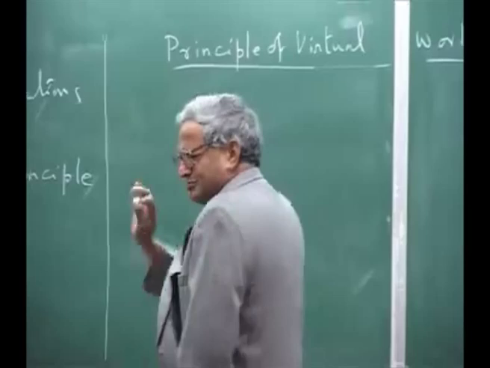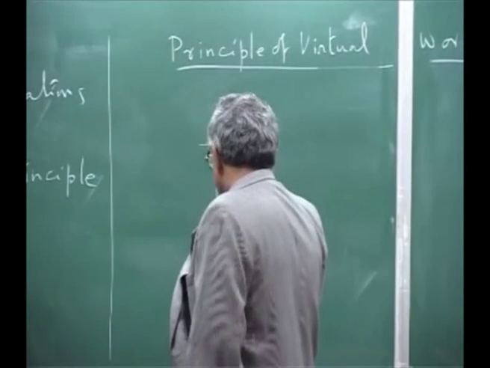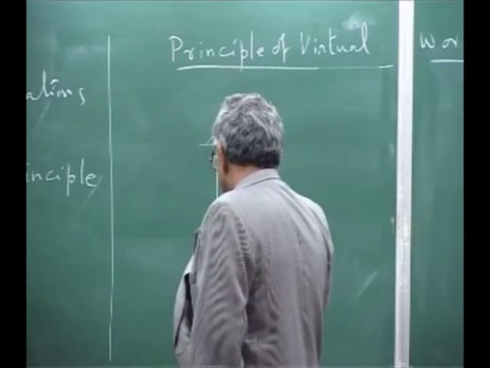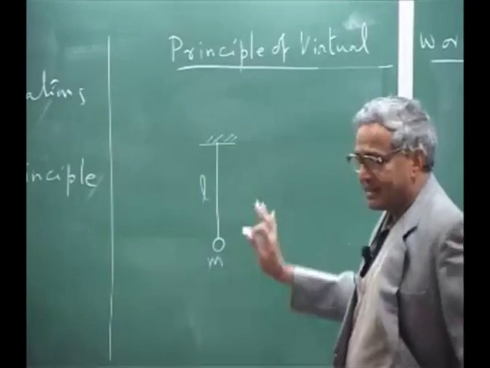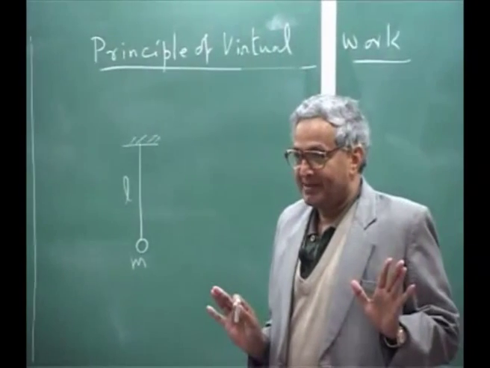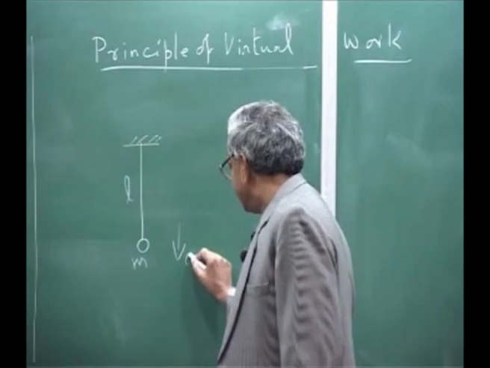Suppose we take a very simple case, which you all know: a string with a mass m. This is a string of length L. It is in static equilibrium under the action of gravity.